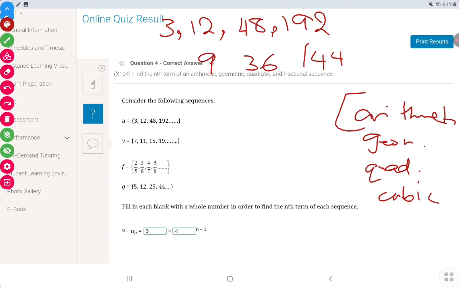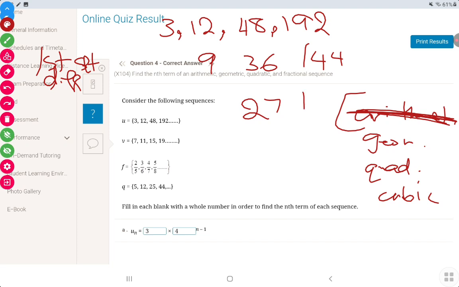So we go on to the next thing. Let's check if it's quadratic, because we already have the first set of differences. So let's check to see if the second set of differences is equal. 36 minus 9 is 27. 144 minus 36 is 108.